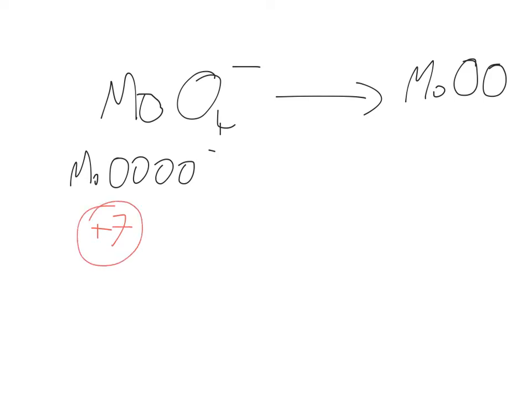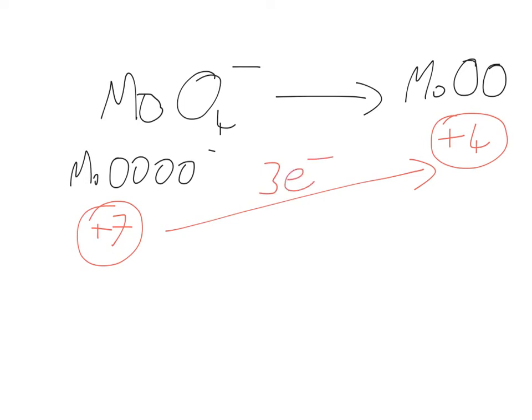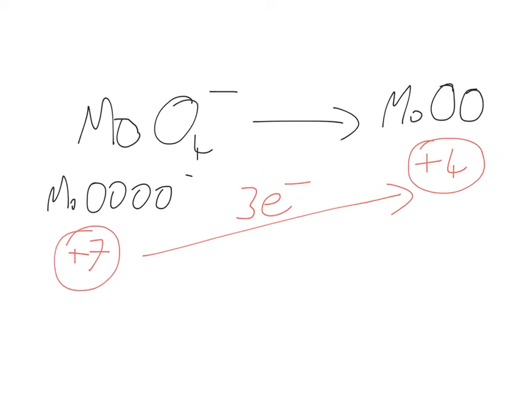And this Mo species on the right, I think this is molybdenum 4. If that's true, then this will require 3 electrons as a process. And knowing that, we can start our calculation.